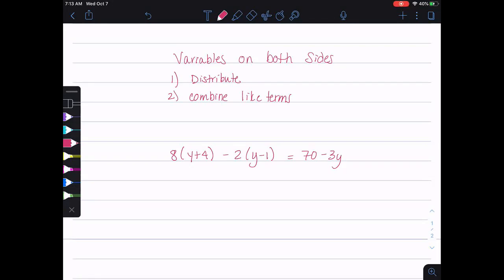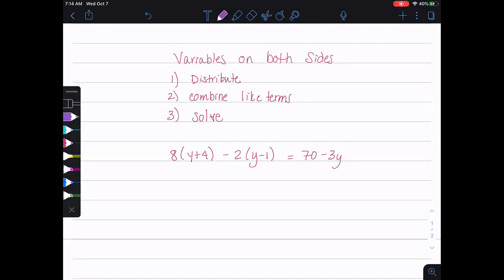So in this particular problem, I noticed that I've got y's both on the left and on the right. So I'm going to end up moving the right side y's over to the left-hand side. So we are going to combine like terms. And our third step in this case was to solve. And solving includes isolating that variable, so moving things around as much as you need to.